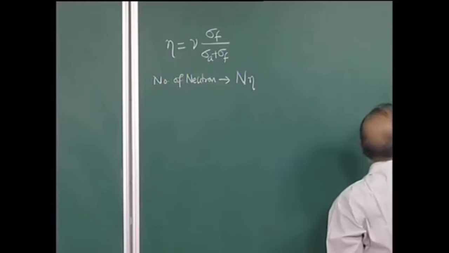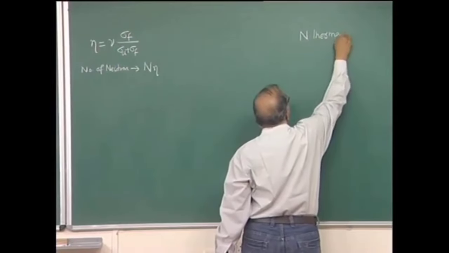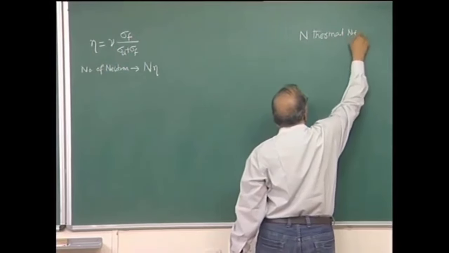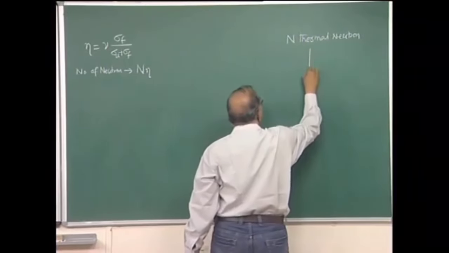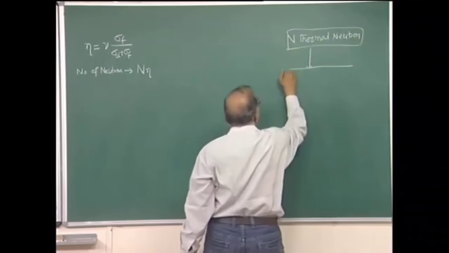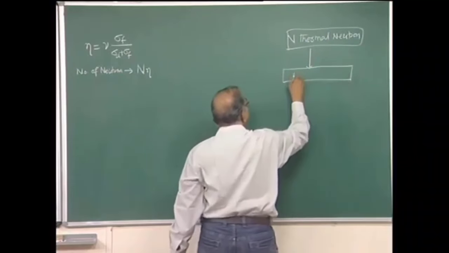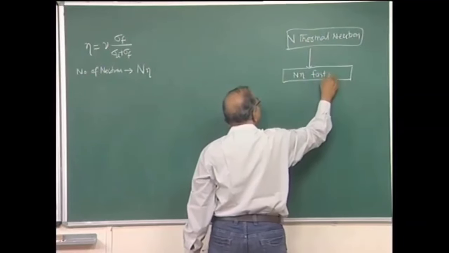So, you had N thermal neutrons, and from these N thermal neutrons what you get is N times eta fast neutrons.